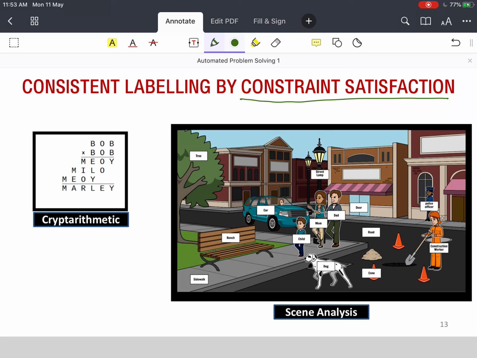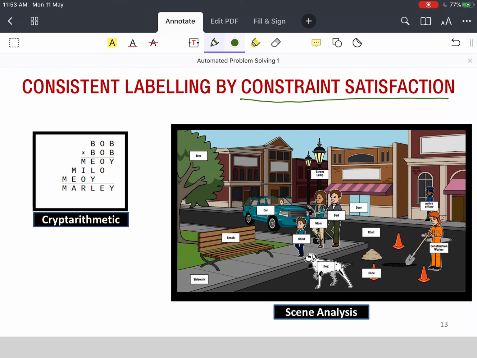We have seen in the timetable problem that in a particular state we cannot have a clash where the same teacher has two classes at the same time slot, or the same room is booked for two classes in the same time slot. So in order to do that, we have to solve what is called the constraint satisfaction problem. In general, the constraint satisfaction problem is also a very important problem in automated problem solving.